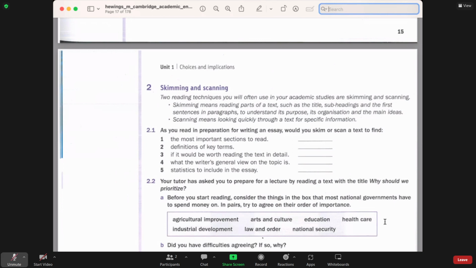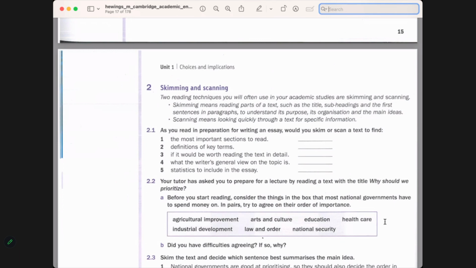If it would be worth reading the text in detail. Yes, skimming. Yes, right, skimming. What the writer's general view on the topic is.